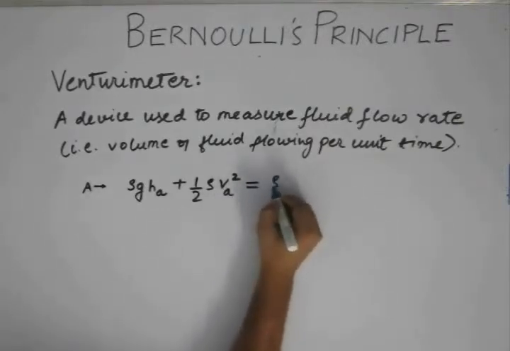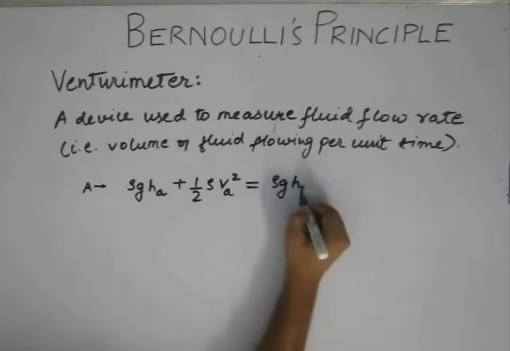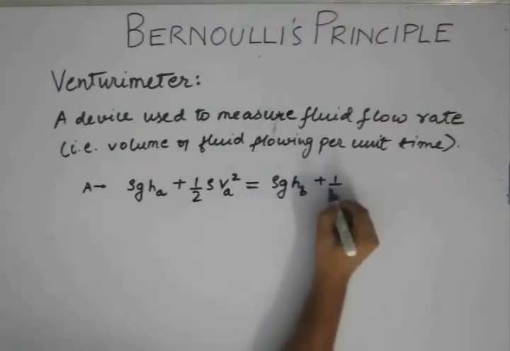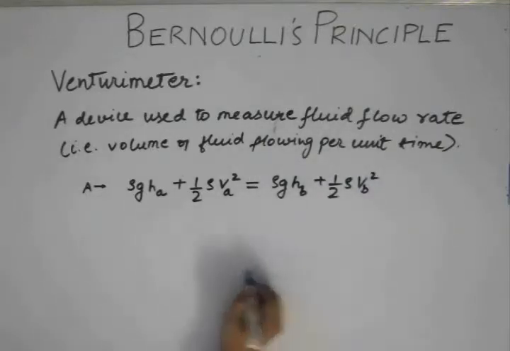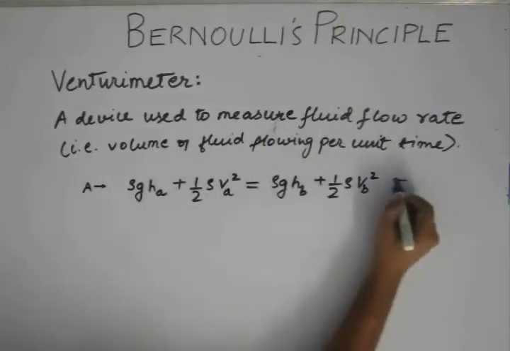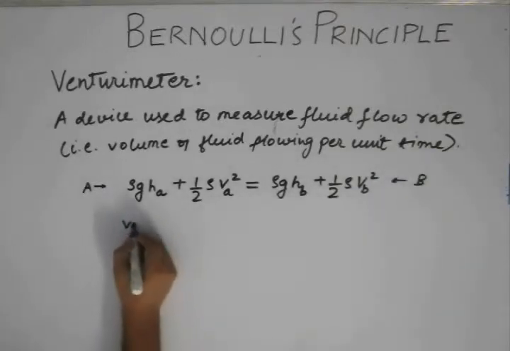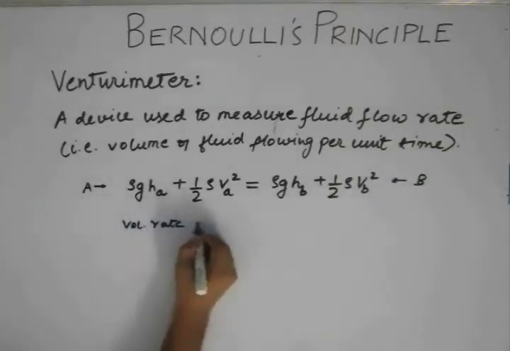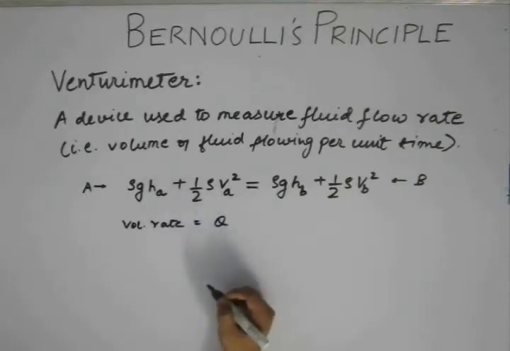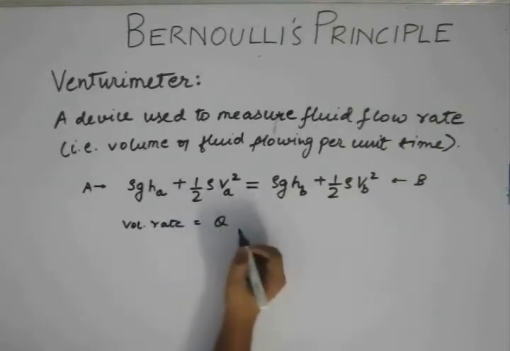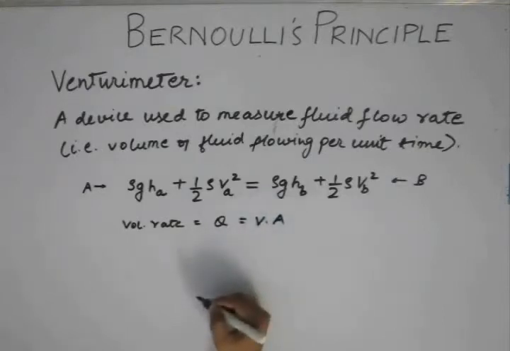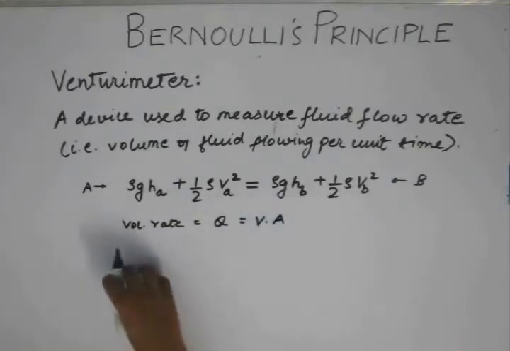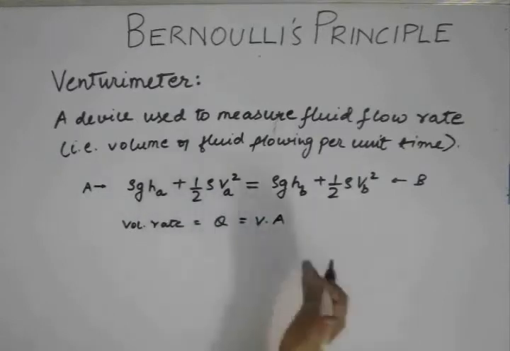This should be equal to rho g hB plus half rho vB square, for B. Let's say the volume rate is Q. This is the volume flowing per unit time. This is going to be equal to the velocity into the cross-sectional area. As we stated earlier, for a volume of fluid flowing out, this is going to be the volume rate.